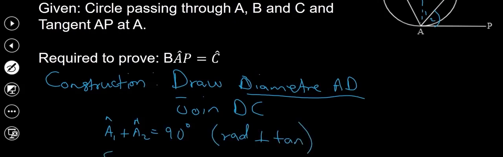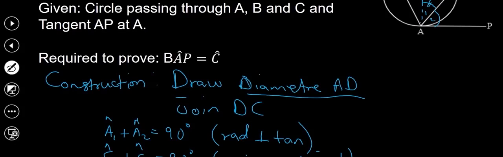Also, I know that my C1 plus my C2 will also be equal to 90 degrees. Why? Because it's angle in a semicircle, right? And then what do I know here? I know that C2 and my A1 are actually going to be equal to each other. Why? Because it's angles in the same segment.